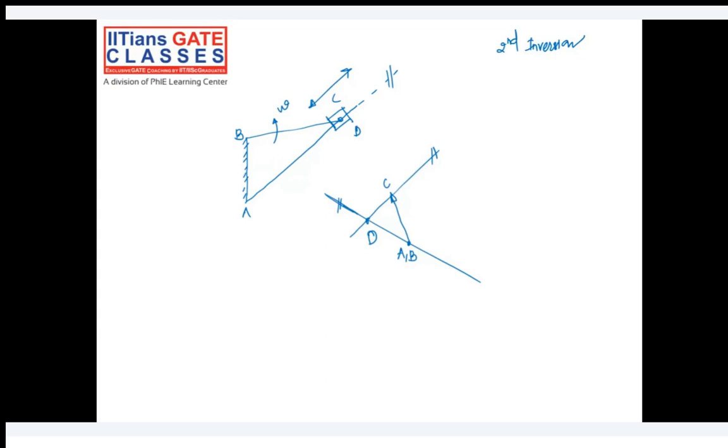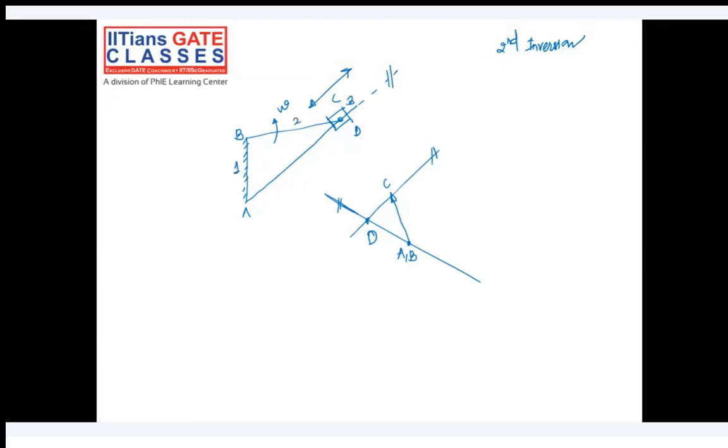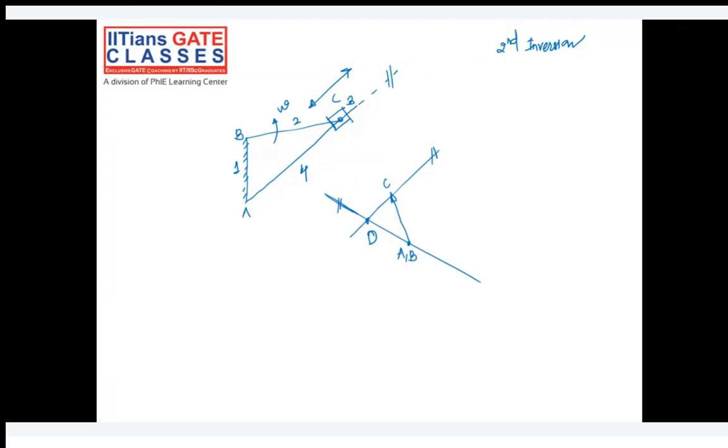Which specific link do you have a doubt about? Let me write here 1, 2, 3, and 4. AD is a fixed link, right? Link number 3 is a slider. Let's say C is on the slider, and D is on the link.